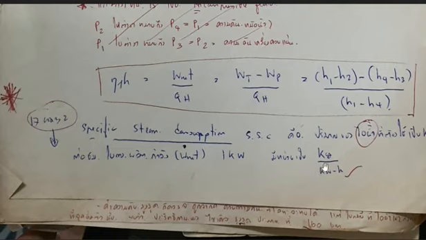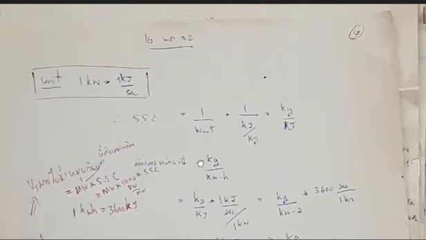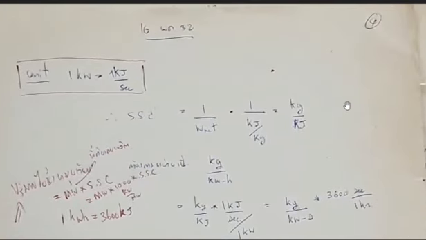And we know that the kilowatt hour is the unit of electricity, one unit of electricity. So we could say that specific steam consumption would be the amount of steam, in kilogram, that is needed to produce one unit of electricity.